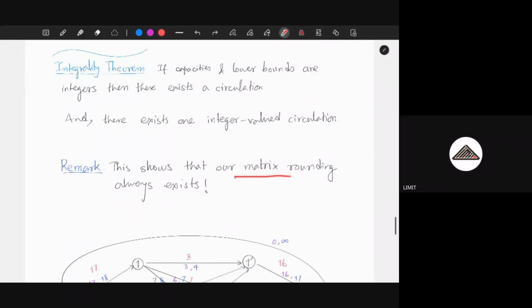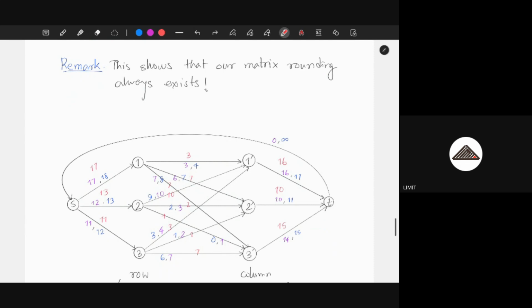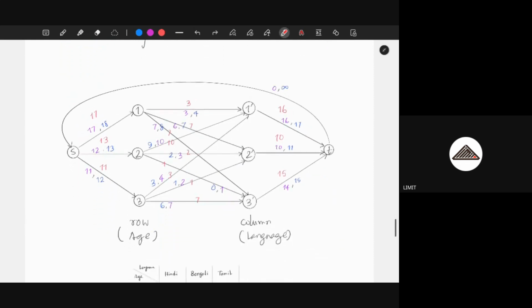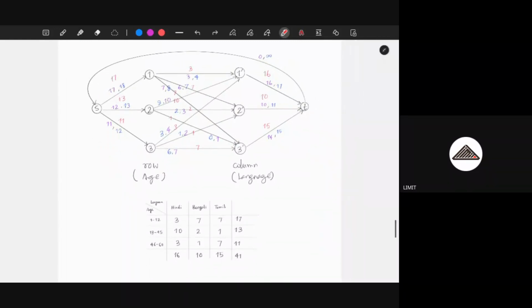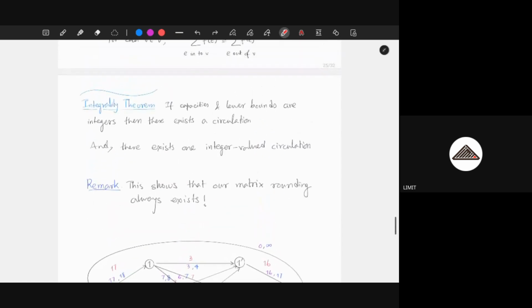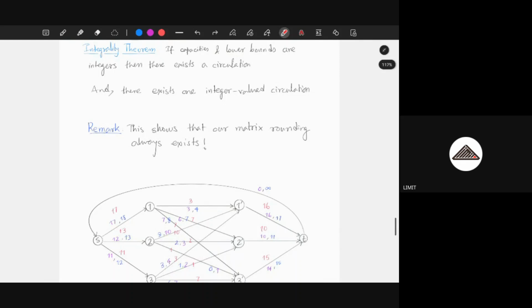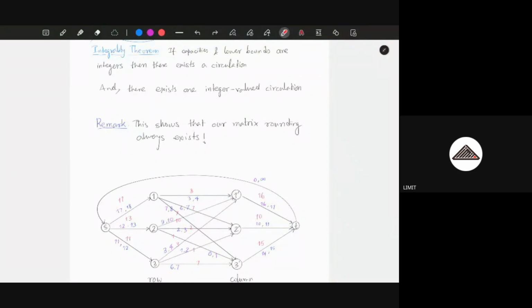That's what shows our feasible matrix rounding. So you can put those values that I have put earlier in the feasible solution, and then you can see at every edge the constraint is satisfied. And as we have already seen and discussed before, if you have integral valued capacities or say lower bounds, we discussed only capacities, right?